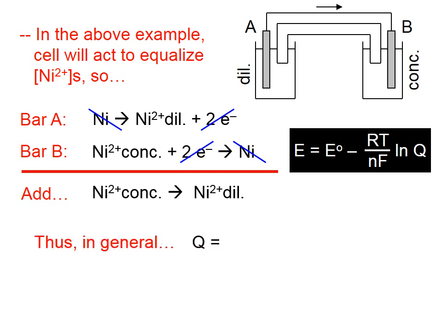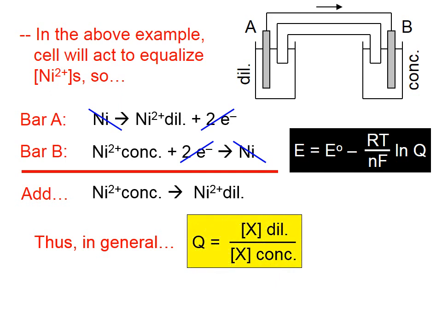In other words, in general, the reaction quotient Q is going to equal products over reactants, that is, dilute over concentrated. This will always be the case for a concentration cell. Q will be dilute over concentrated.